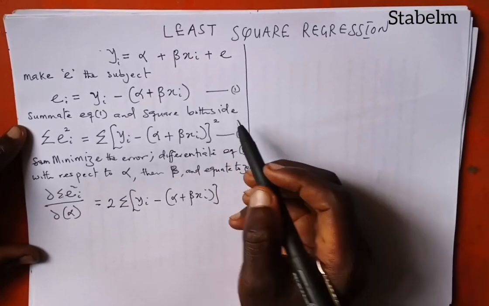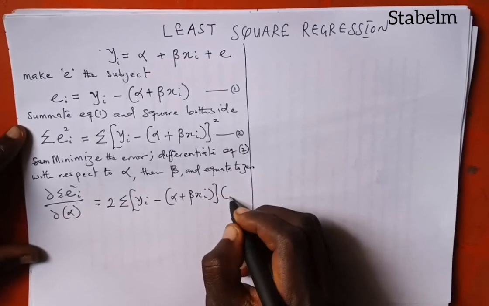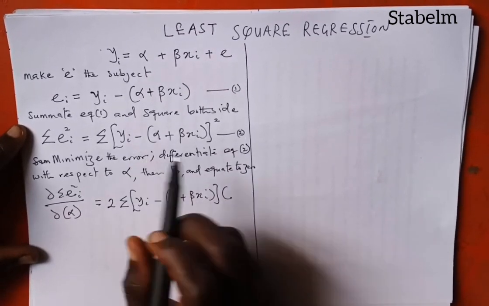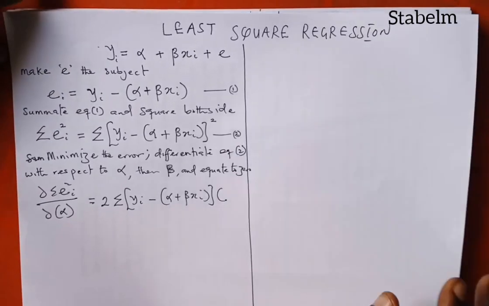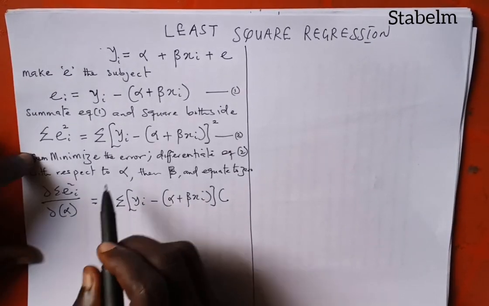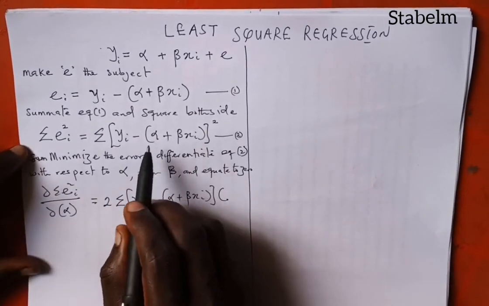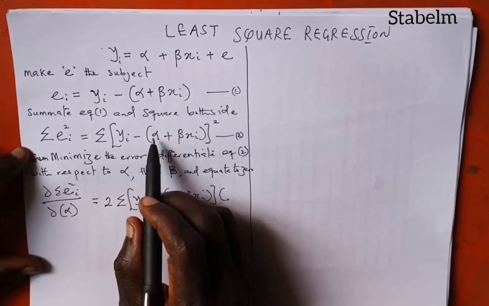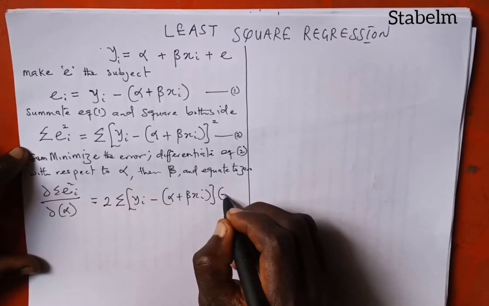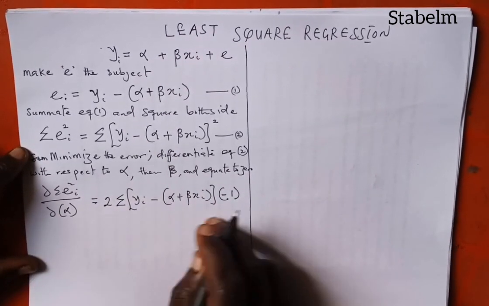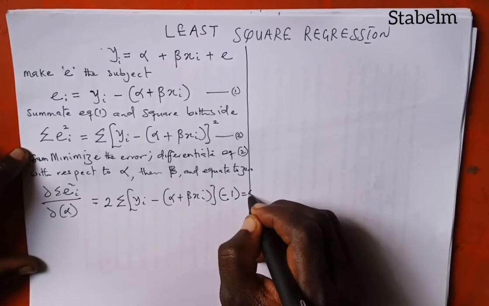Subtract 1 from the 2, it will remain 1 here. Into bracket, we differentiate the inner function. We are differentiating with respect to alpha, so every other thing here will be 0. The derivative of alpha is 1. Don't forget we have minus 1 here, therefore we have minus 1.